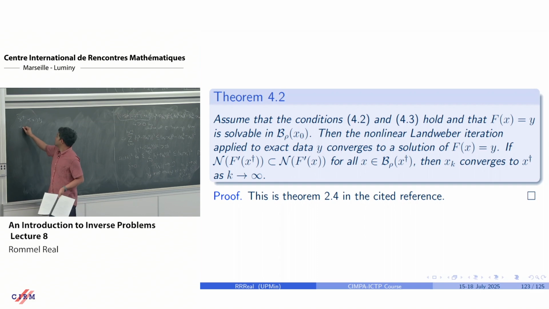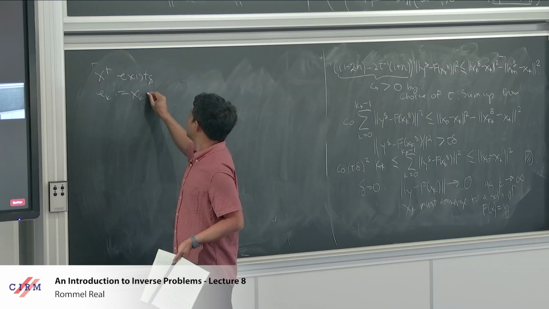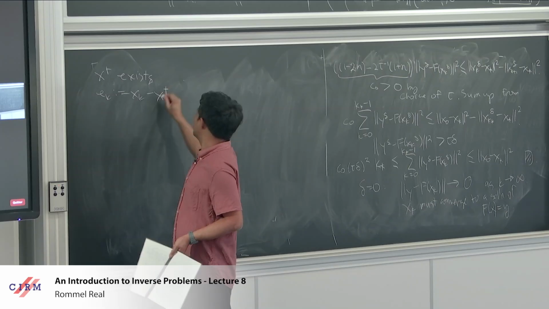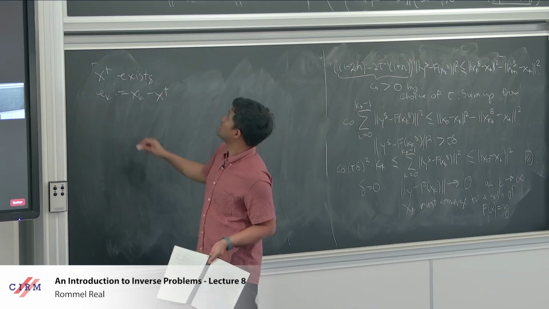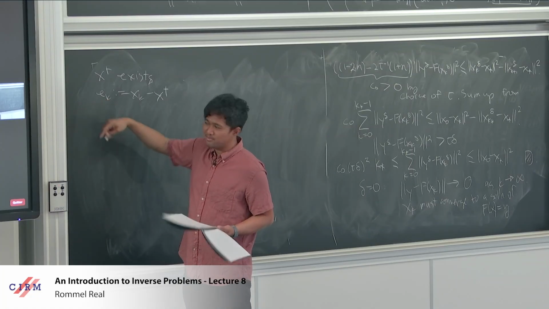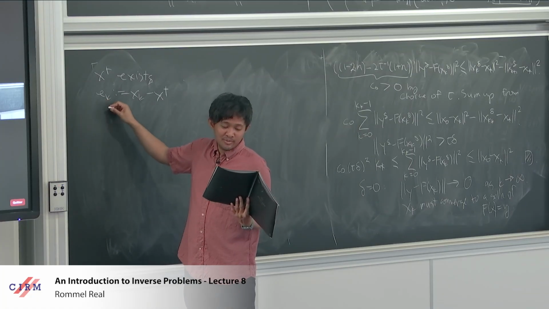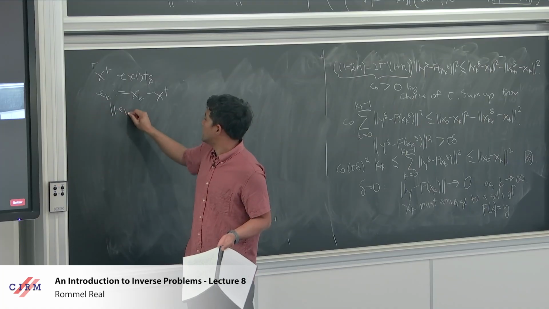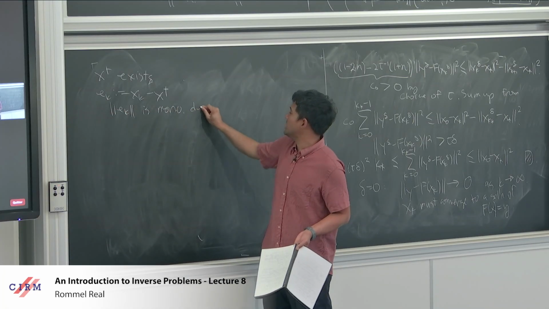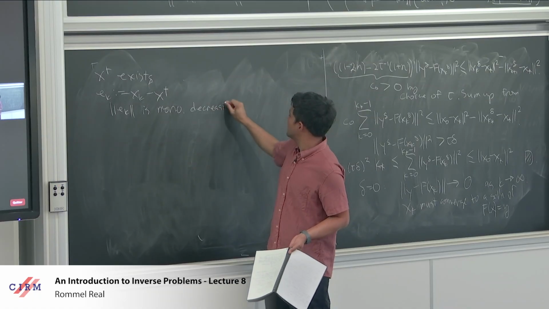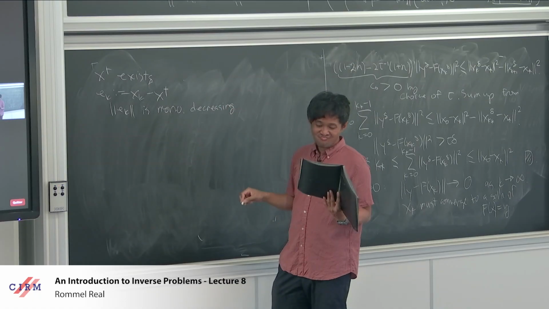And now, by using the same estimates again over there, it works like this. We let e sub k be x sub k minus x dagger. And note by the previous proposition, which we just proved, we know that the norm of e sub k is monotonically decreasing.